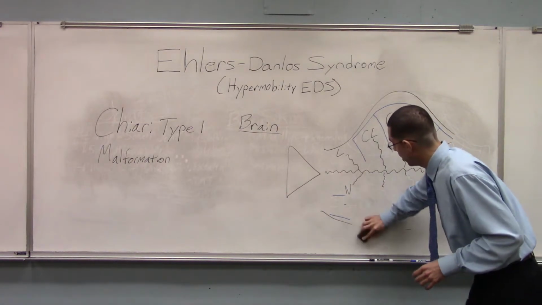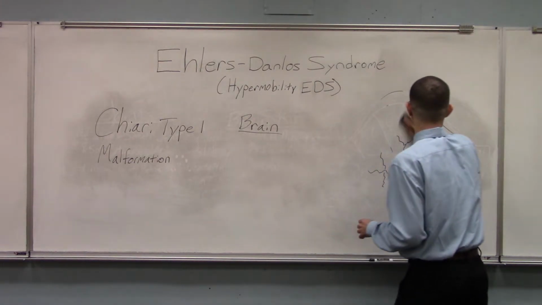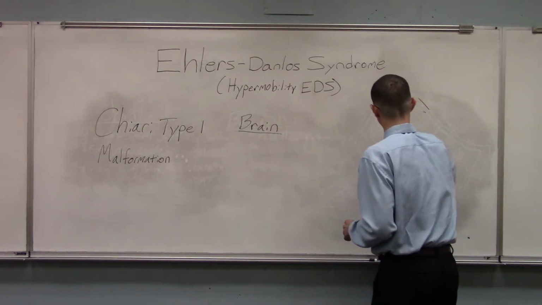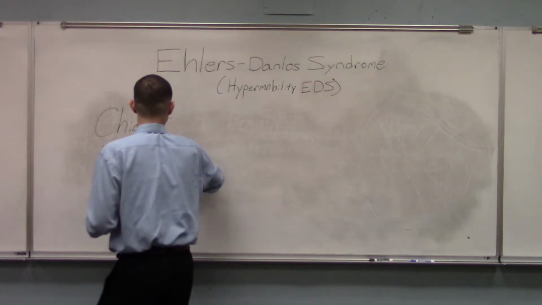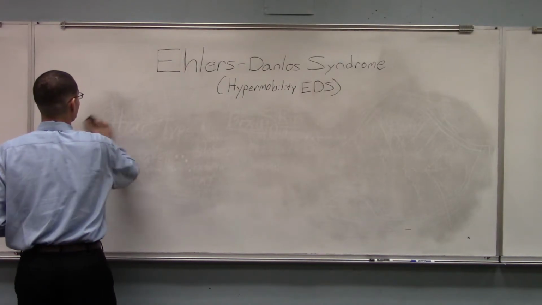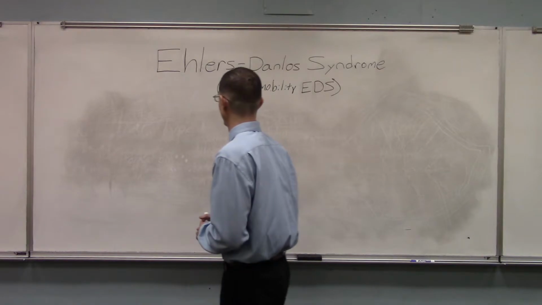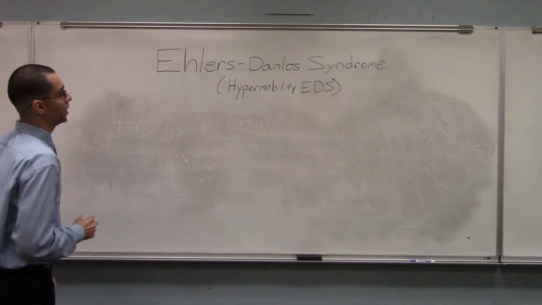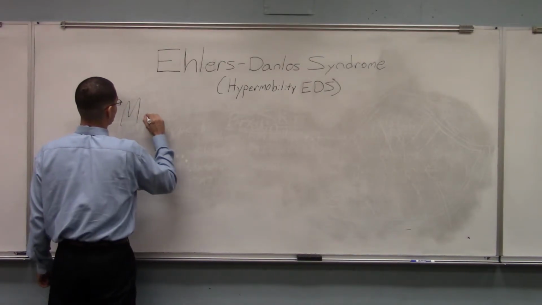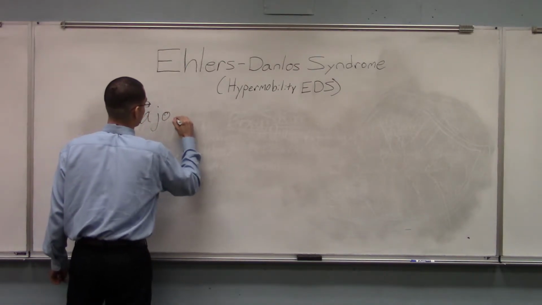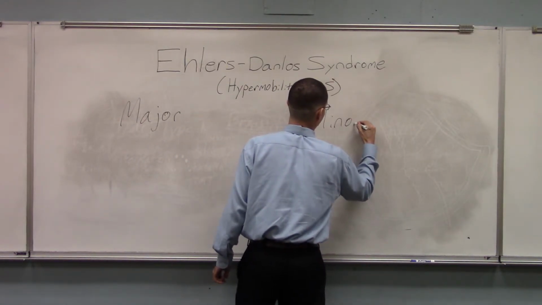Now let's talk about how to diagnose a patient with hypermobility EDS. To diagnose a patient with hypermobility EDS, you need two things. You need major criteria and minor criteria.